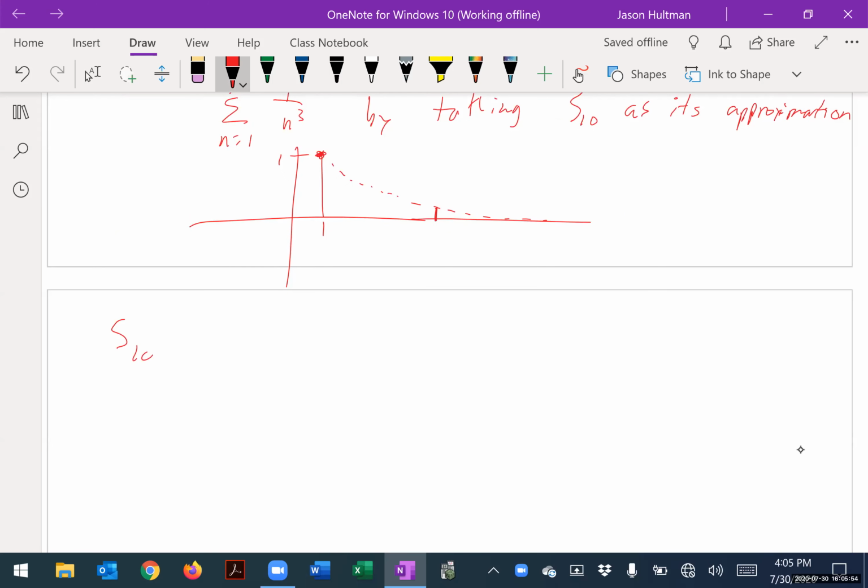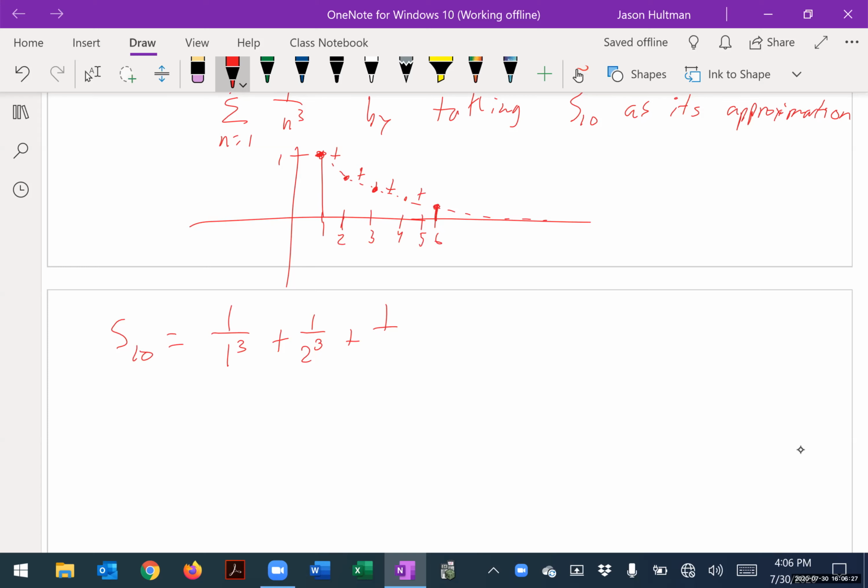S10 would be 1 over 1 cubed plus 1 over 2 cubed plus 1 over 3 cubed. So it would be adding up all these values, like this would be at 2, and then at 3, and then at 4 all the way, maybe 5, 6.